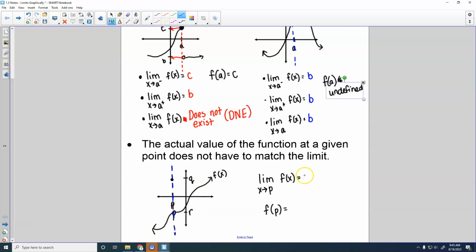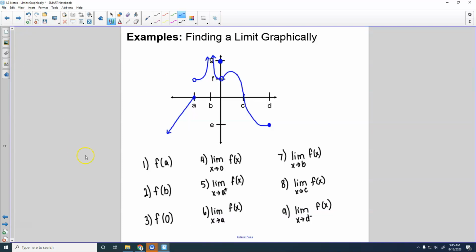It's R. Okay, even though there's an open circle, it's R. However, Miles, what is F of P? Q. Okay, because right here, there's my y-coordinate. Those two don't match. It's going to mean it's not continuous, but the limit can still exist. And we'll talk about continuity later, so you don't have to worry about that too much right now.